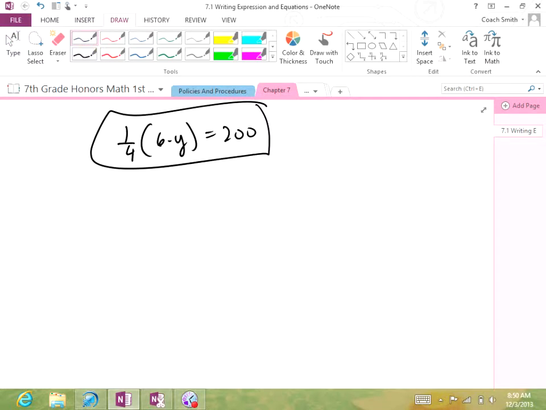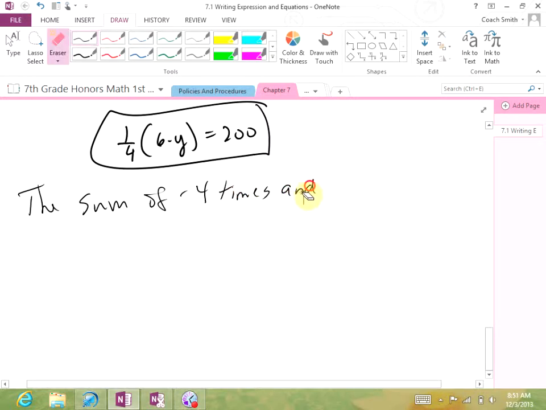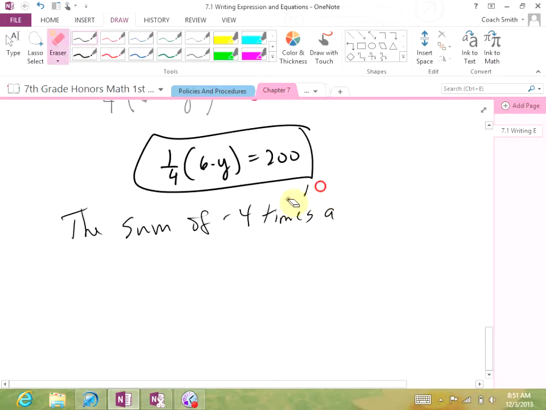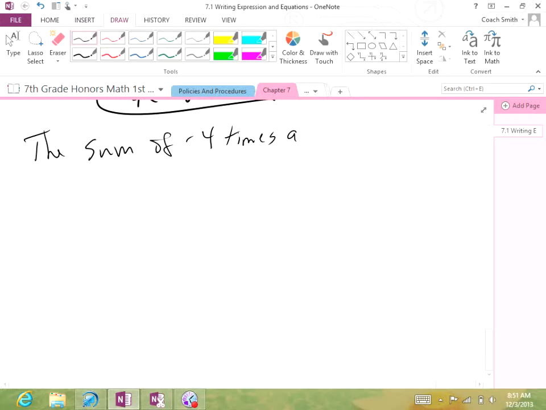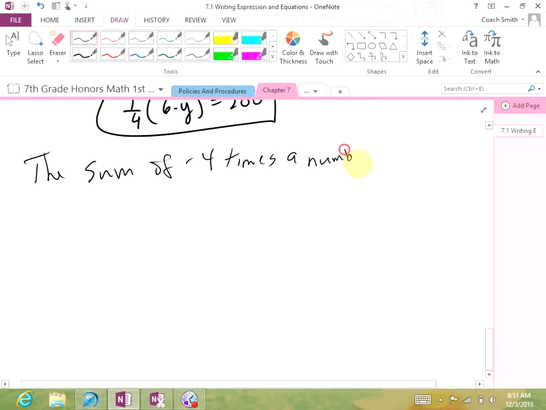Let's look at this one. The sum of -4 times a number and 3 equals 27, or is 27.